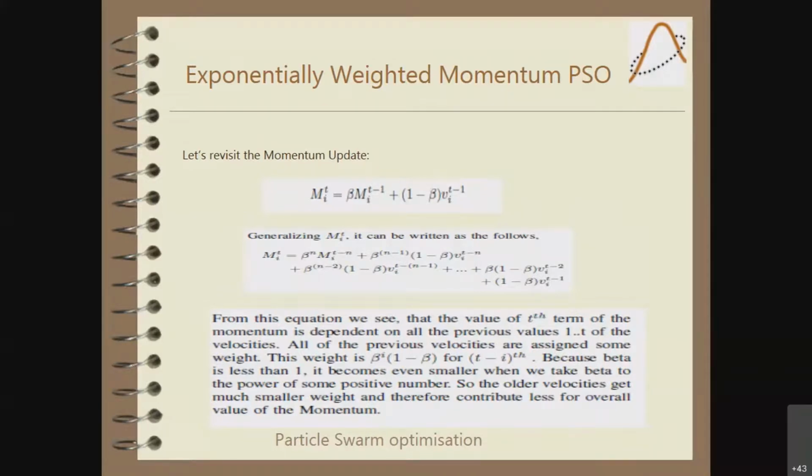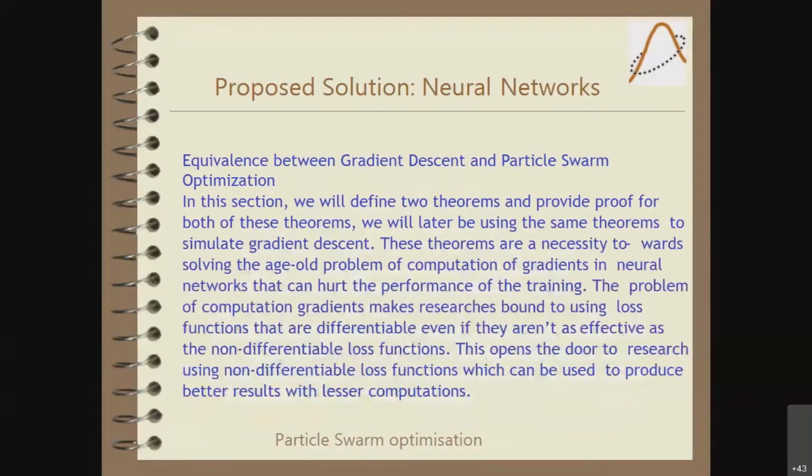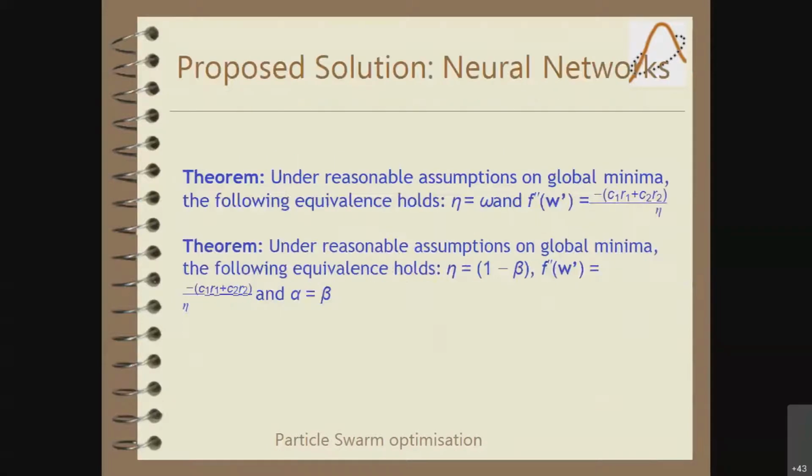So now, with this idea, what we have done is we propose an equivalence between gradient descent and particle swarm optimization. In the process, we have proved a bunch of theorems. The first theorem is this: the derivative in your gradient descent with respect to your weight update can be represented precisely using the parameters of the particle swarm.